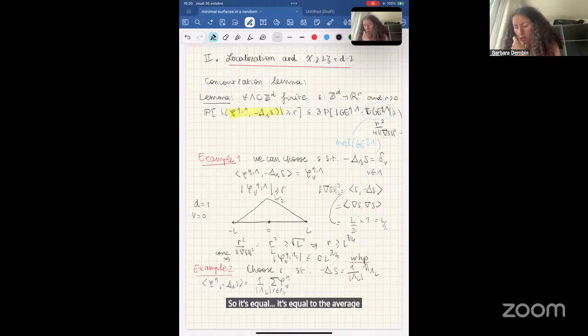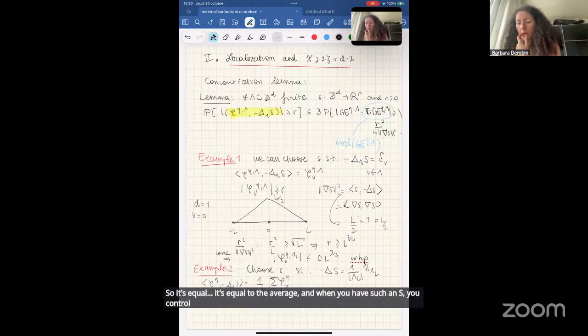So when you have such an S, you control the average of phi over lambda.